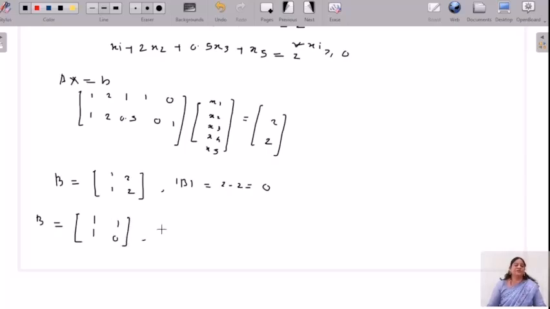Anything you can consider, just check. If it is singular, then choose another submatrix. The determinant of B is 0 minus 1, which is equal to minus 1, which is not equal to 0. Therefore, B is non-singular, and we can consider this submatrix of A as B.